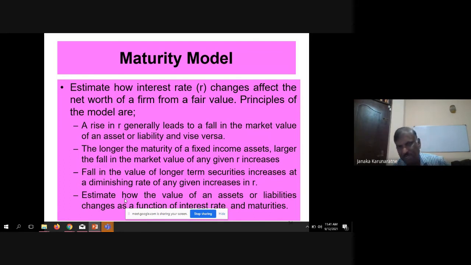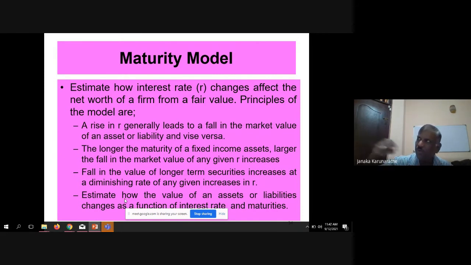That's the first principle. The second principle: the longer the maturity of fixed income assets, the larger the fall in market value for any given R increase. So if you have an asset which has a longer maturity, then the fall in value also increases when R increases.